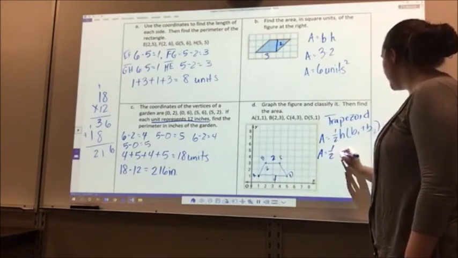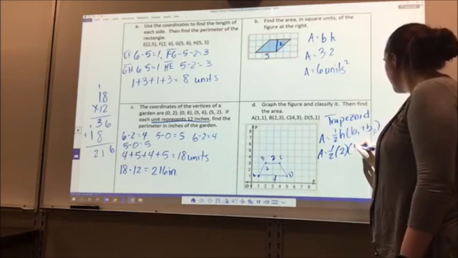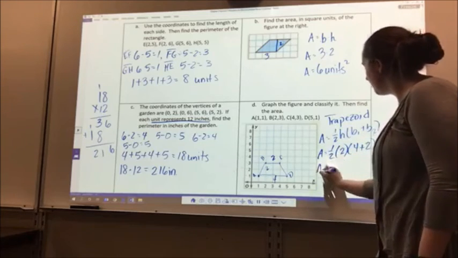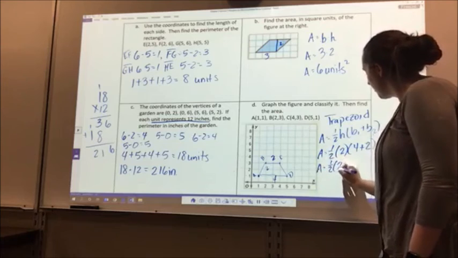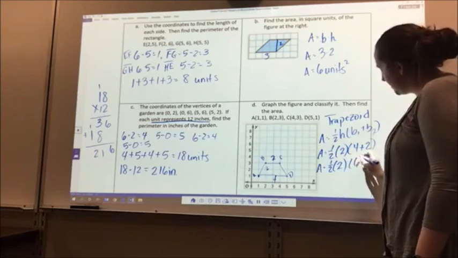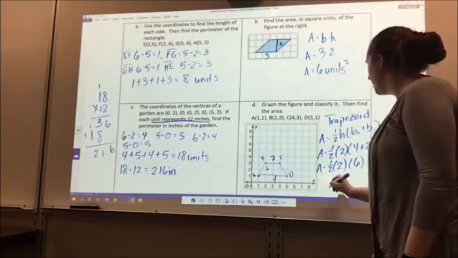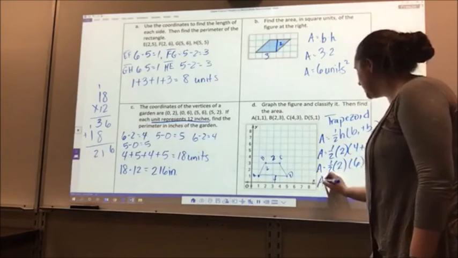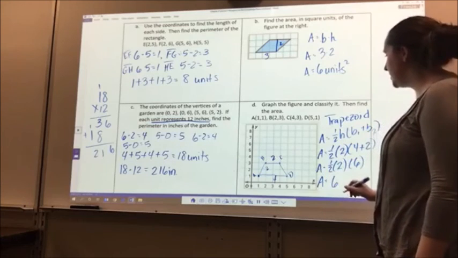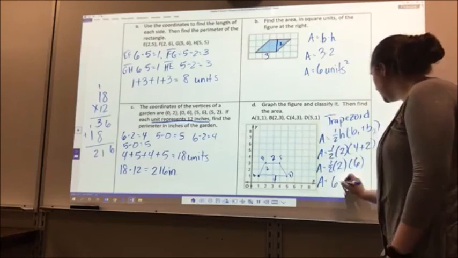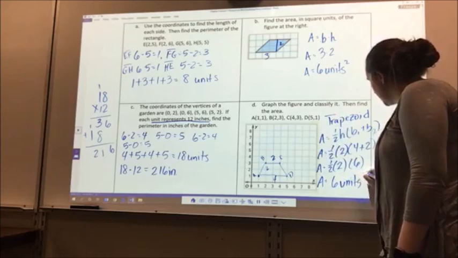So 1/2 the height, which is 2. 4 plus 2 is 6. 6 times 2 is 12. Times 1/2 is 6. So 6, and they didn't give us any units, so 6 units squared.